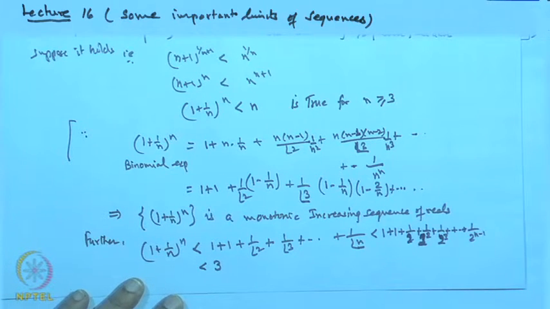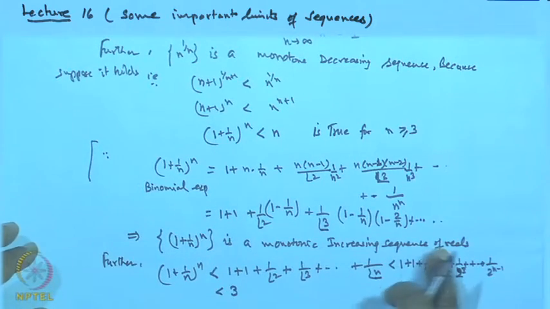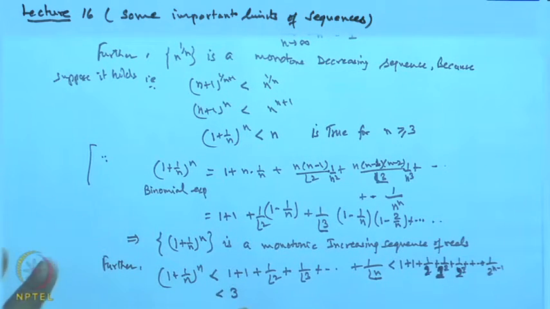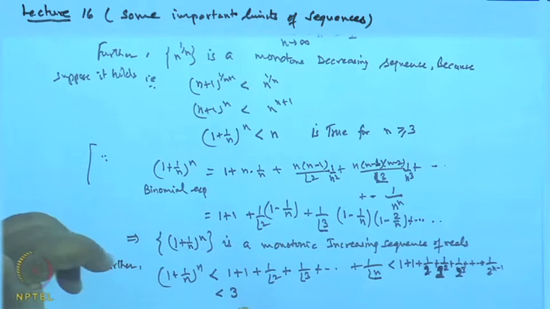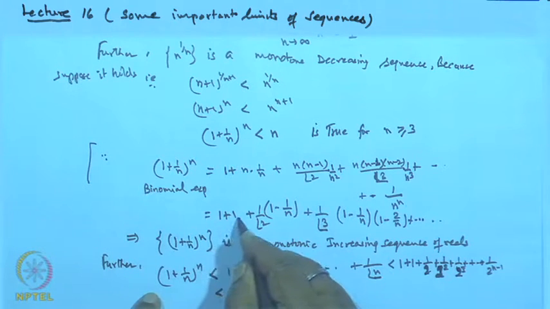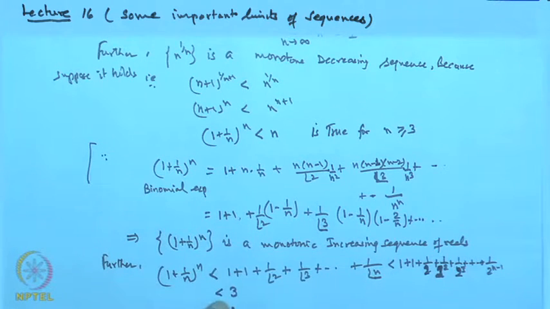Okay. So this means this is a monotonic increasing sequence of real numbers which is bounded by 3. So it must be a convergent sequence, and the limit of this cannot exceed 3 and will always be strictly greater than 2, at the most it may be 3.